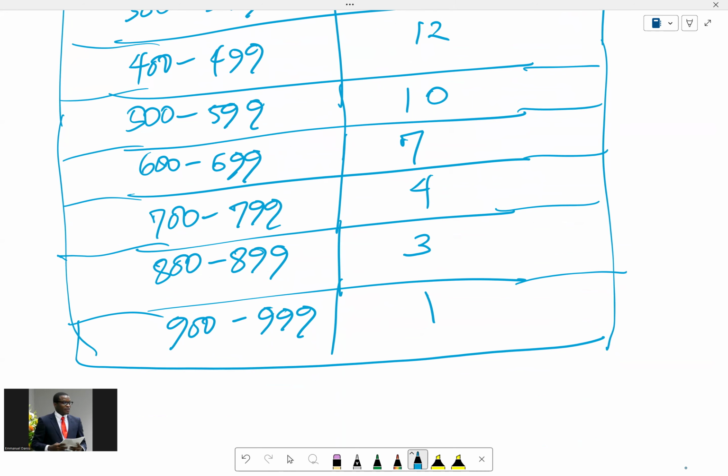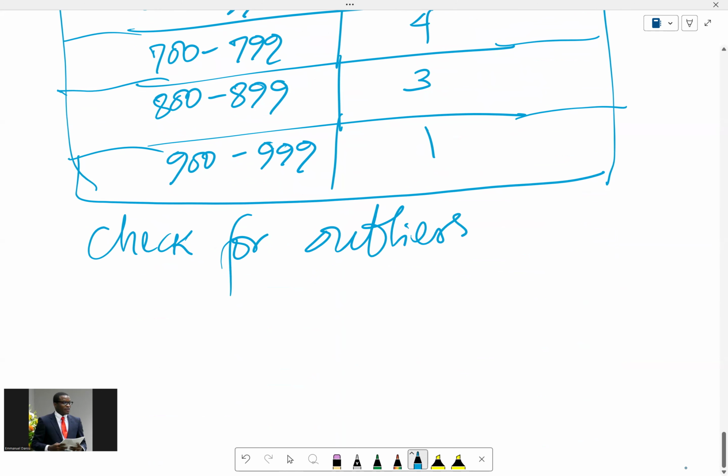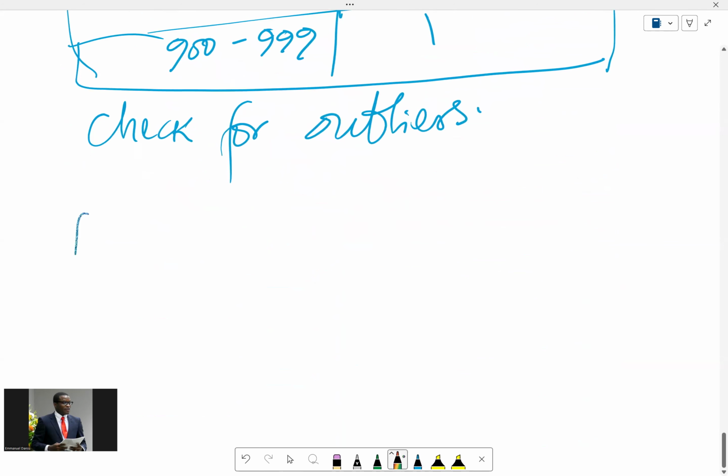We just want to check if there are outliers. So check for outliers. That's all we want to do. So, of course, the first thing is find Q1.